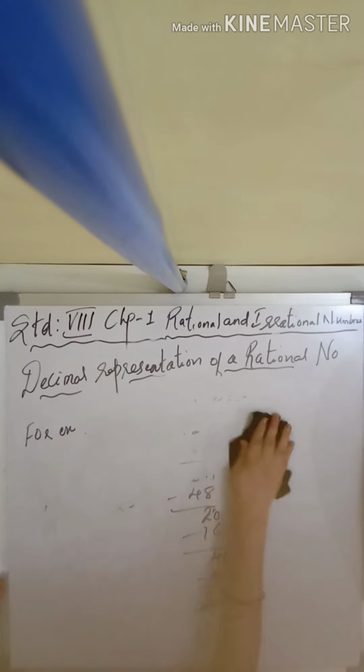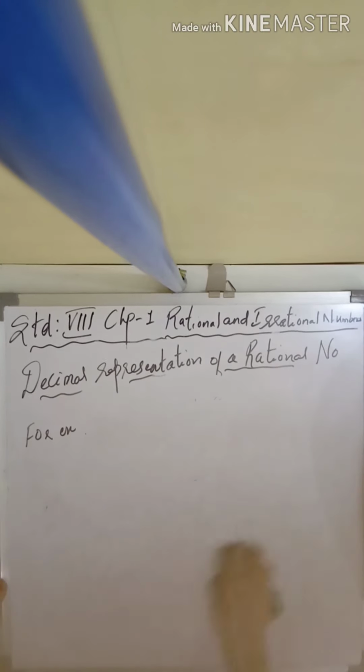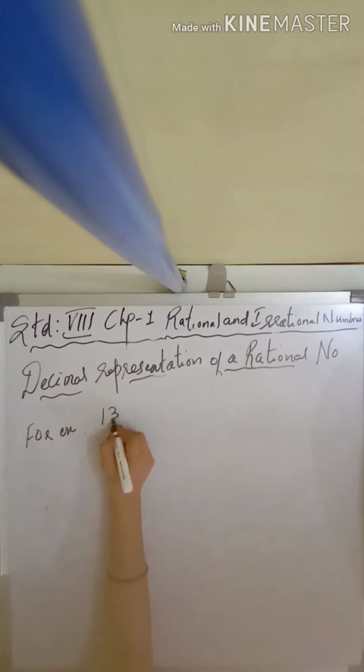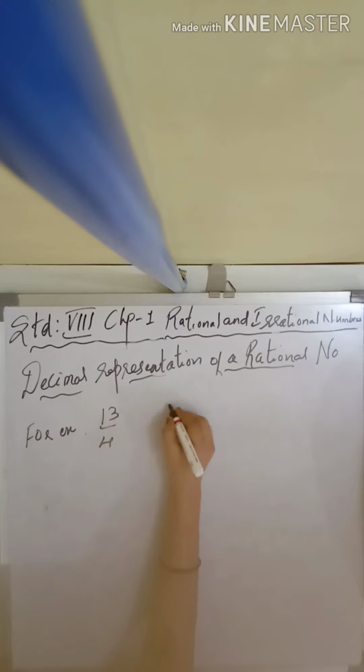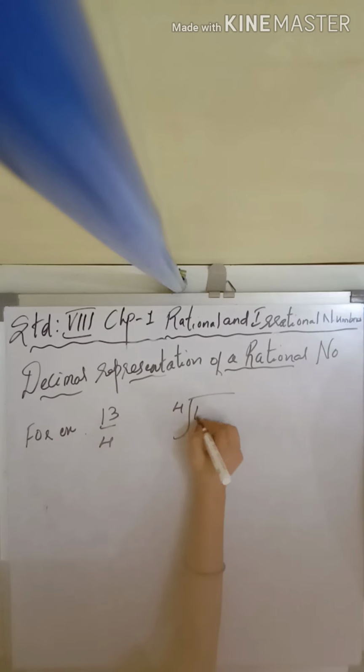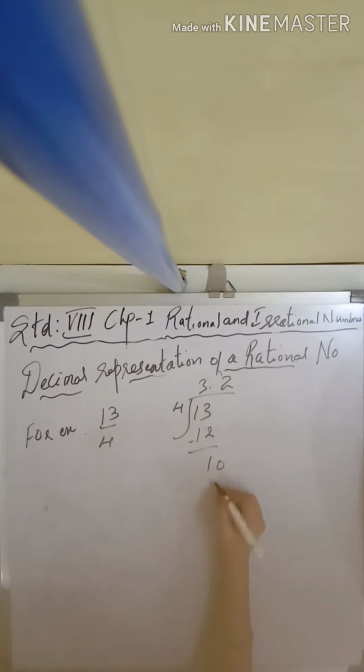Now one more example I'll take so that your concept is clear. Say for example 13 upon 4. Now 13 upon 4, 4 3s are 12, 4 2s are 8, 4 5s are 20.